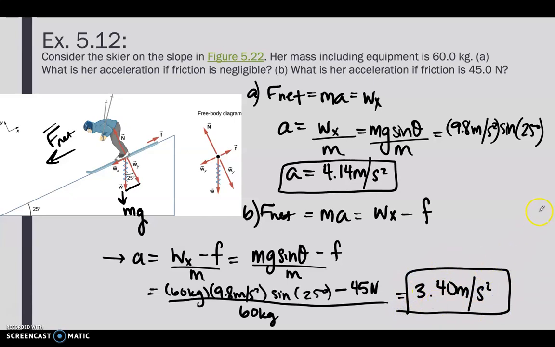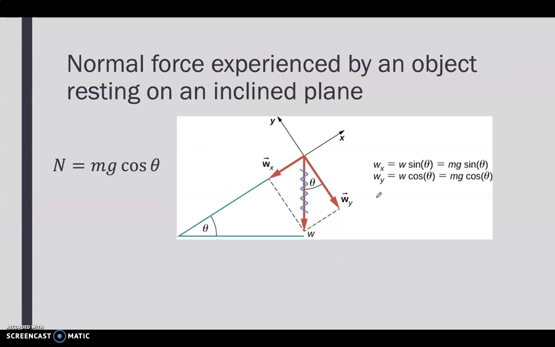Okay, and that does make sense because we have friction involved, so it should be less than when the friction was negligible. All right, moving on, just to get the idea of the normal force that's experienced by an object resting on an inclined plane.